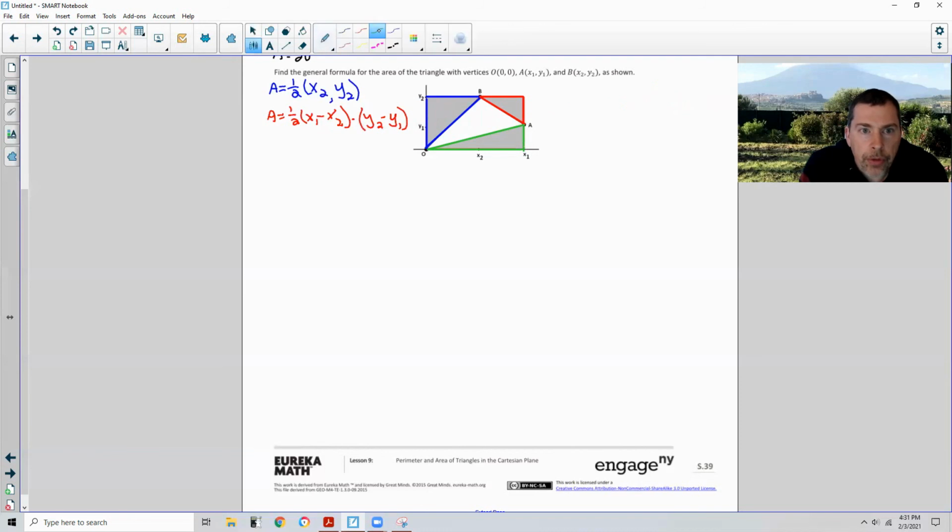Okay, and now I'll do this one in green. The area of the green triangle equals 1/2 the base, x sub 1 minus 0, or simply x sub 1, times the height, y sub 1 minus 0, or simply y sub 1. The area of the rectangle I'll put over here.